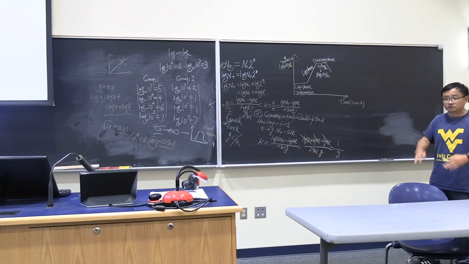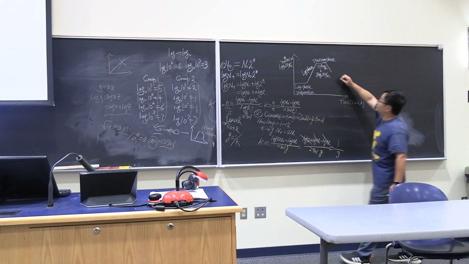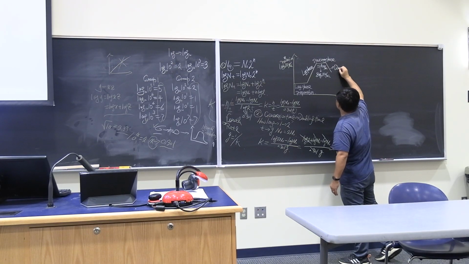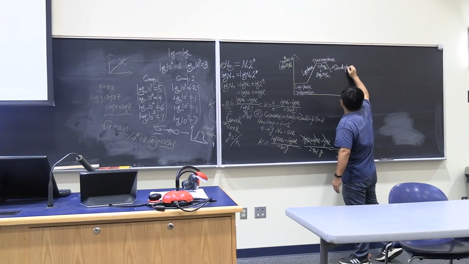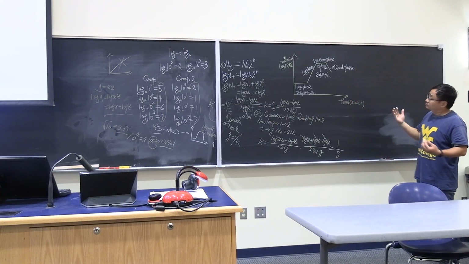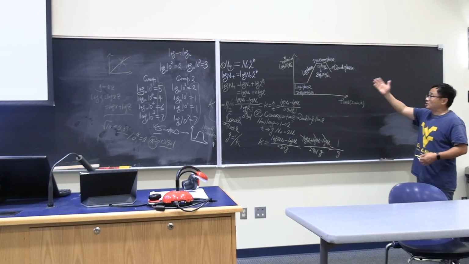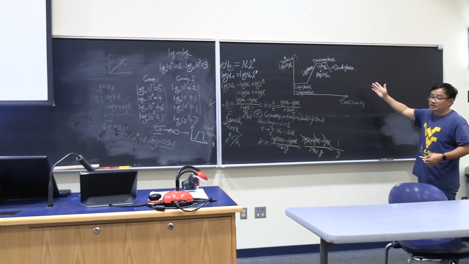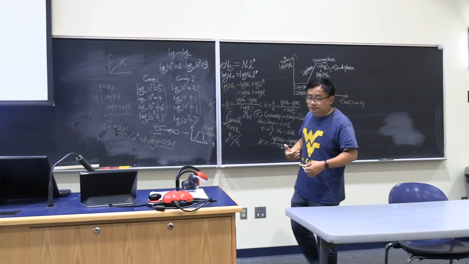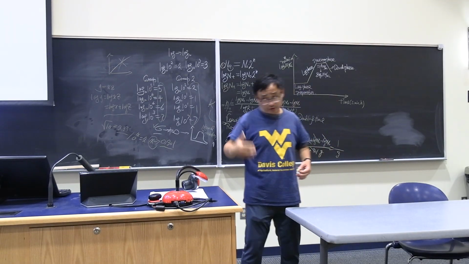So then the bacteria start to die. That's why the number is going to decrease, and we call this the death phase. So, bacterial growth has lag phase, log phase, stationary phase, and death phase. There is a balanced status between the nutrients and the metabolic waste.